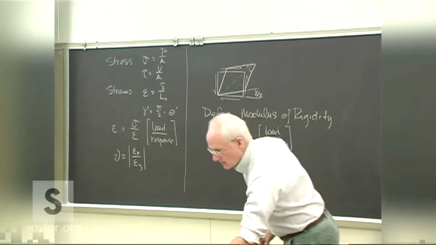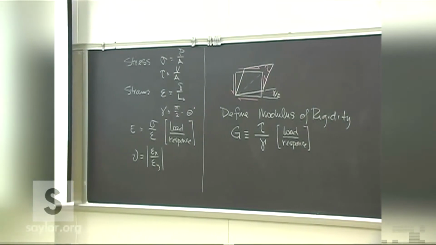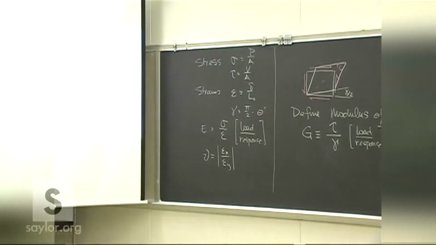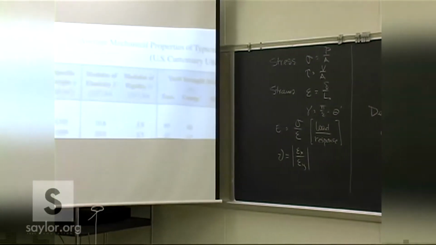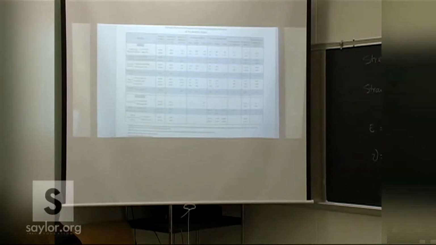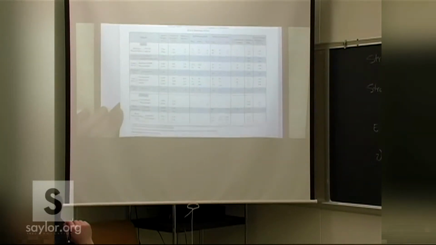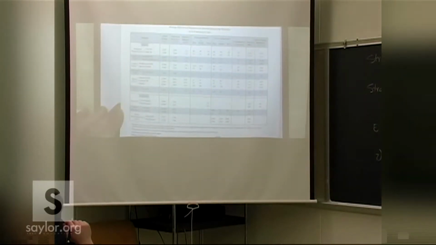So just to bring all these together, if you look in the back of the book, and this should be any strength of materials book, are tables like these. Ours just happen to be immediately in the back cover, so they're very easy to get to.